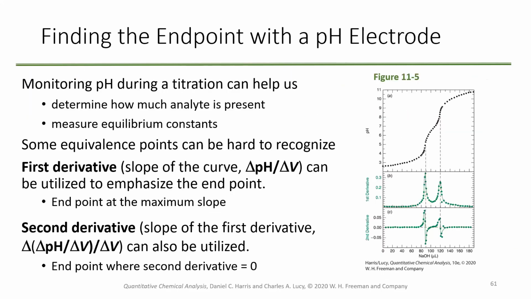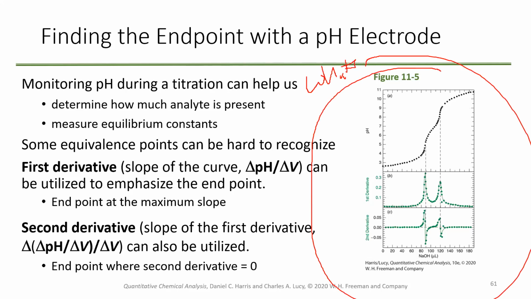I'm not going to make you do that. If I did, I would give you something like this where it's already got a nice first or second derivative on there. I'm not going to make you compute a derivative. But you need to know, like, here's my derivative. That's going to tell me what my endpoint is. Right? So if I gave you this, the question I would ask would be, what's EQ1, right?